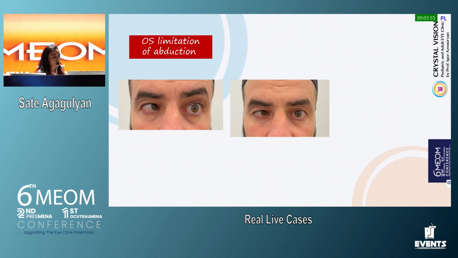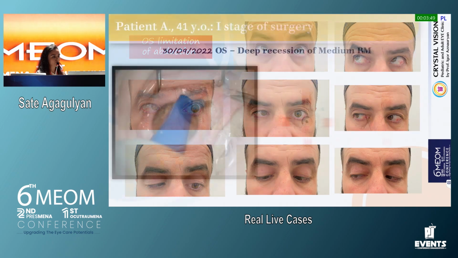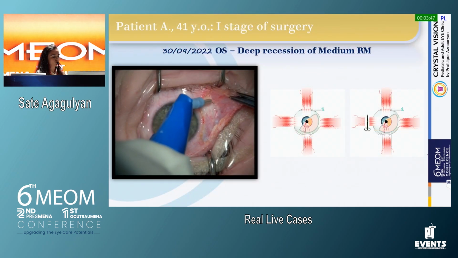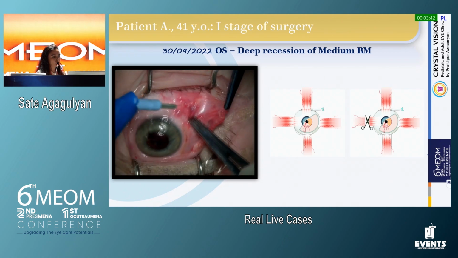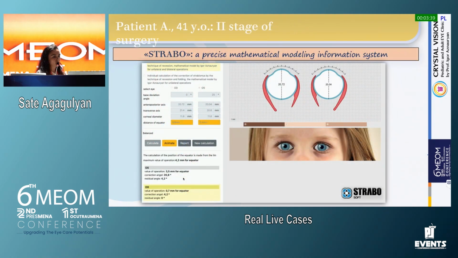Here we see how his eyes were before the first part of surgery. In the first stage of surgery, we made a deep recession of the medial rectus muscle, using the radio wave knife. We also calculated the dosage of strabismus surgery with our program, where we put in individual parameters of the patient's eye such as anterior-posterior axis, transversus axis, and corneal diameter, and we got information about the dosage of recession that we had to do.